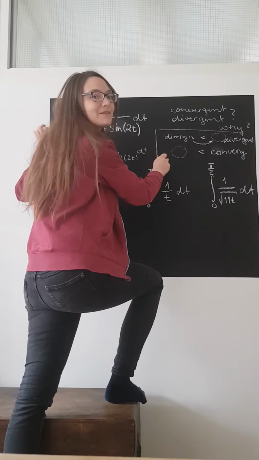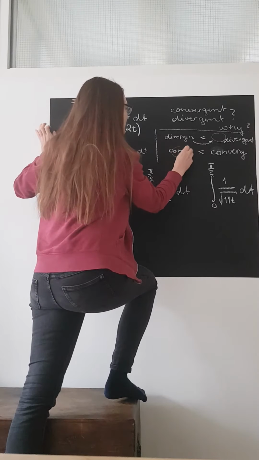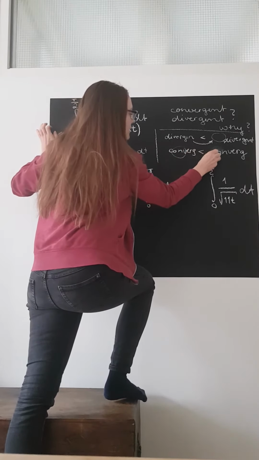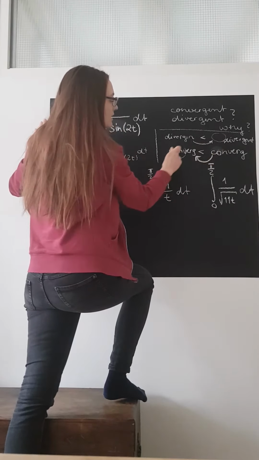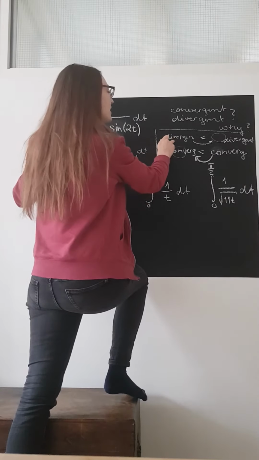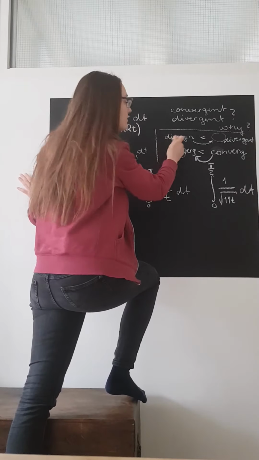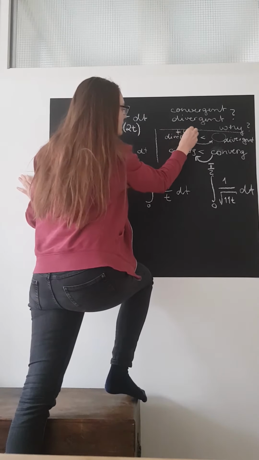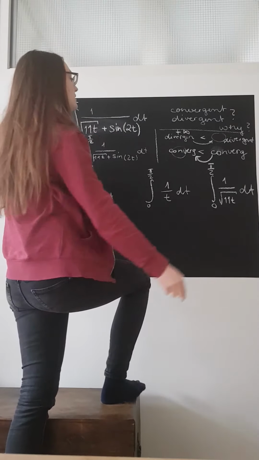Maybe it's not your best choice of fashion, but for sure you will fit. So if I have something that's bigger and convergent, I can make a conclusion that the smaller thing is also convergent. If I have something that is divergent and smaller than myself, so plus infinity, then I know that I'm also going to plus infinity.